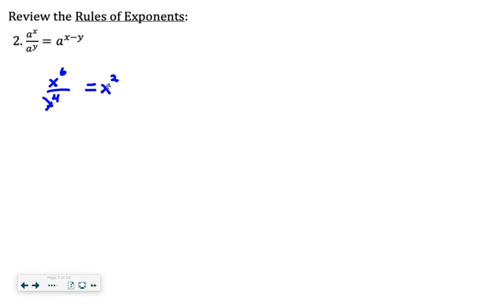Right? I'm sure that you've all seen the reasoning behind this. If we were to write this out, this would be x times x times x times x times x times x over x times x times x times x. And we could cancel out 4 of those pairs of x's, and we would just be left with x times x in the numerator. That's where this rule comes from.